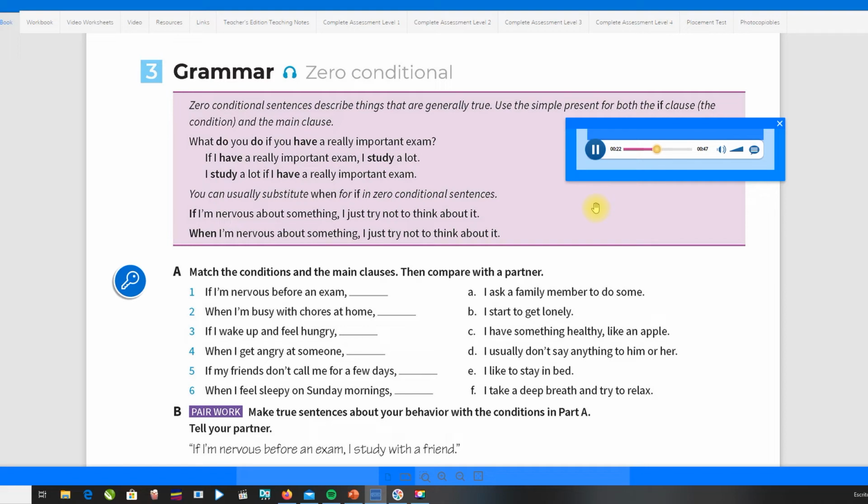If I have a really important exam, I study a lot. I study a lot if I have a really important exam. You can usually substitute when for if in zero conditional sentences. If I'm nervous about something, I just try not to think about it. When I'm nervous about something, I just try not to think about it.